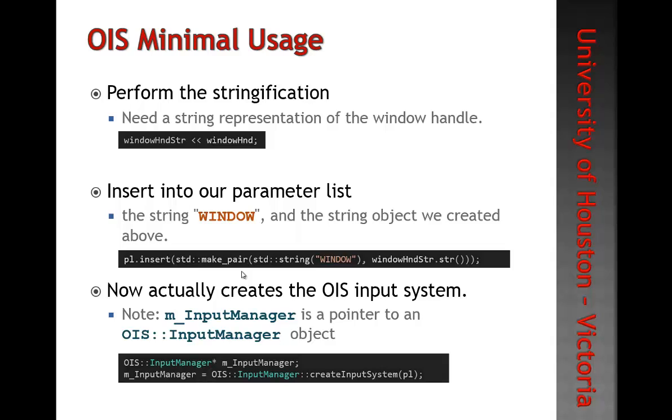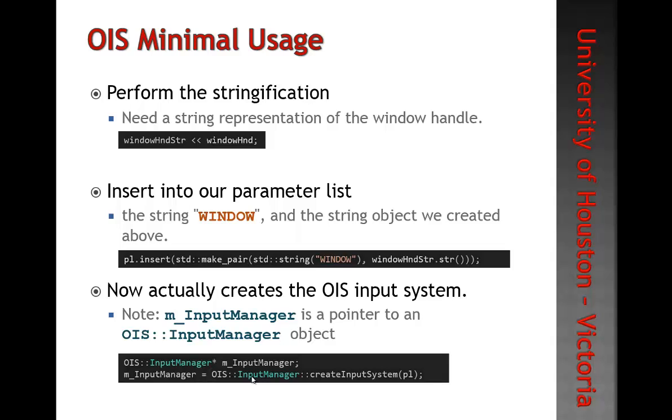So what we will have to do is create an input manager pointer, and we call it here in this case m_input_manager. Then we create the input system based off of the parameter list that we just associated up here, and we create that as an input manager.